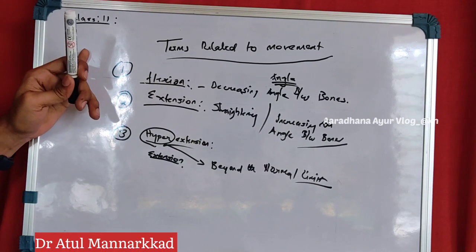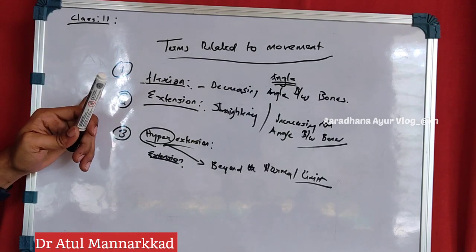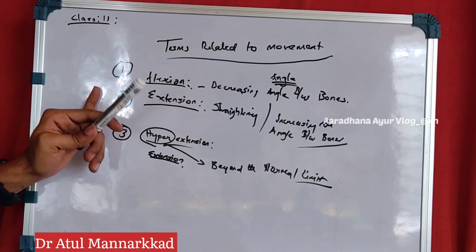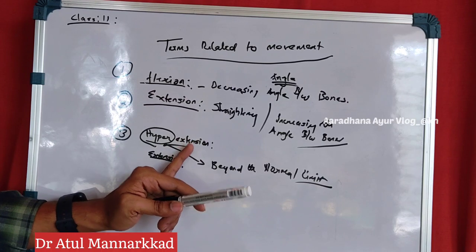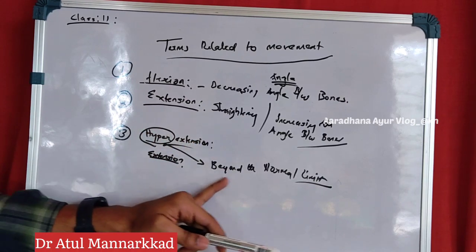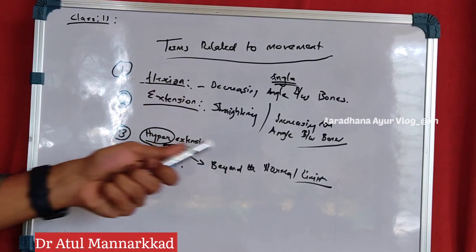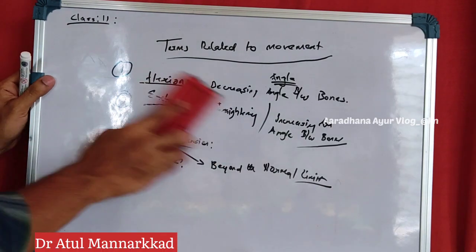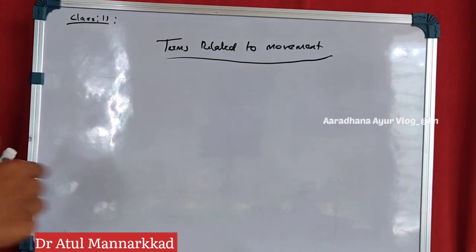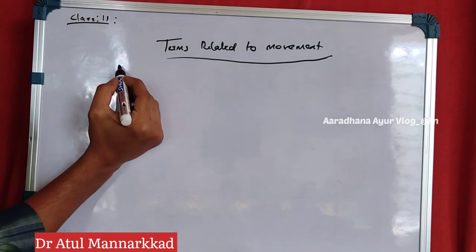So flexion is decreasing the angle, extension is creating or increasing the angle or straightening. Hyperextension is extension going on, but it is a hyper condition, beyond the normal limit. These were some of the terms related to movement, and some other terms are abduction and adduction, which you will see. So let's see what abduction and adduction are.